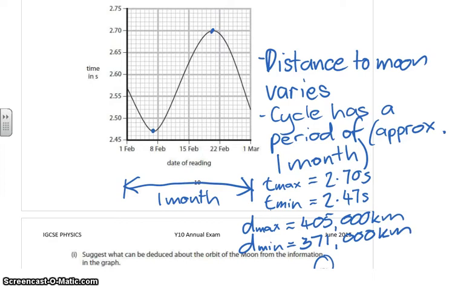You can use exactly the same method that you used in the previous part of the question to work out those distances, and the maximum distance is given there, and so is the minimum distance. Like many of the questions where there are multiple marking points, there are about 6 different ways you could get the marks here, but I've shown you the ones that I think are the best.